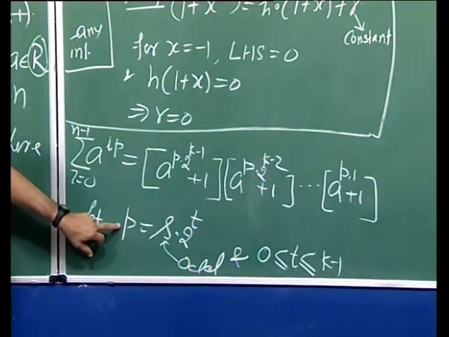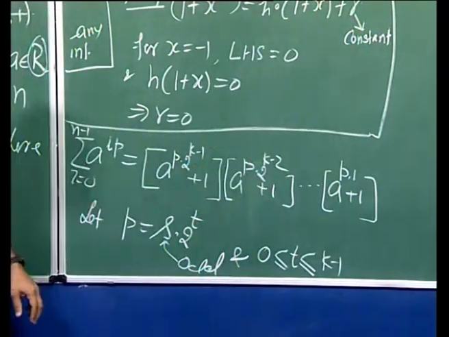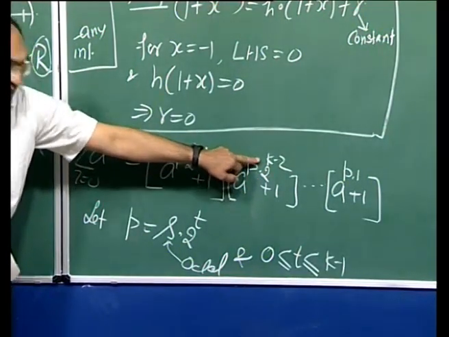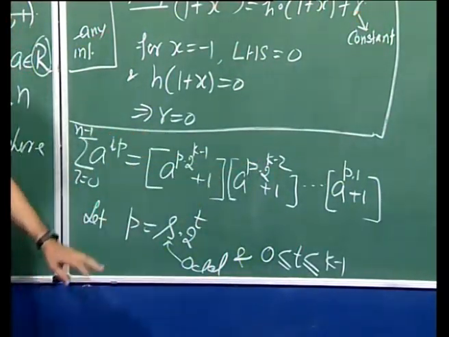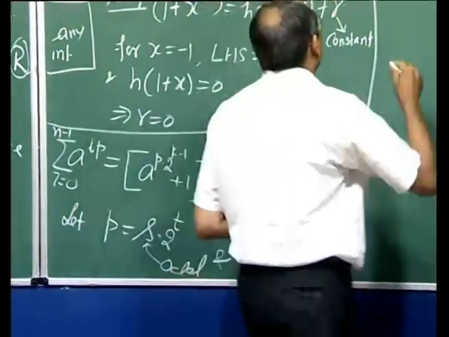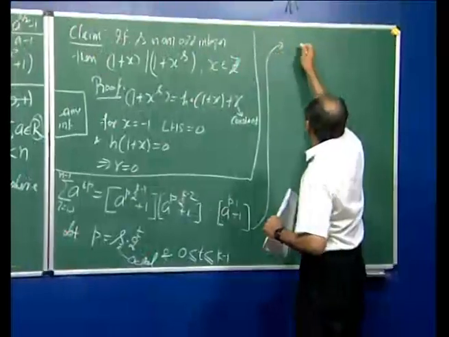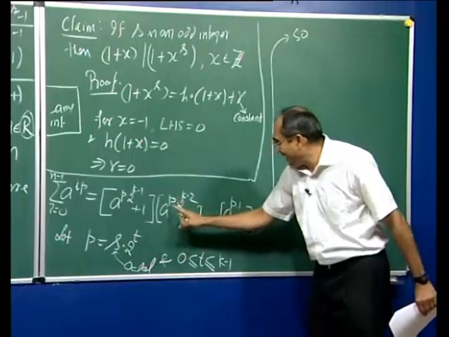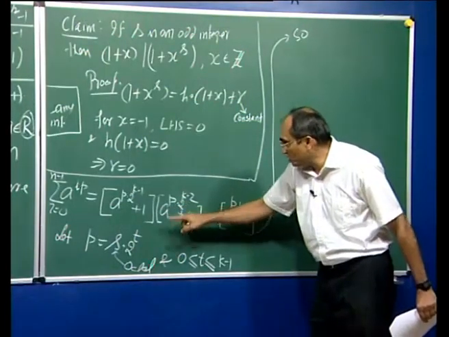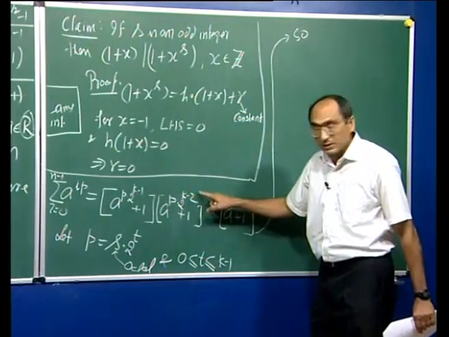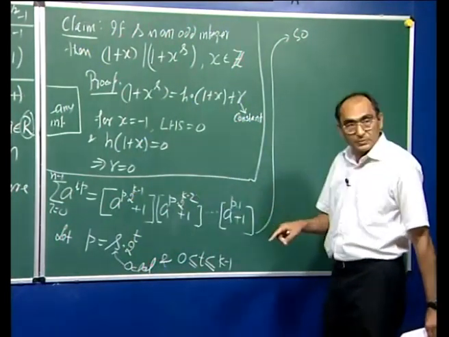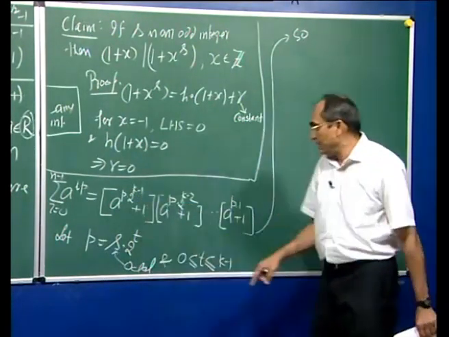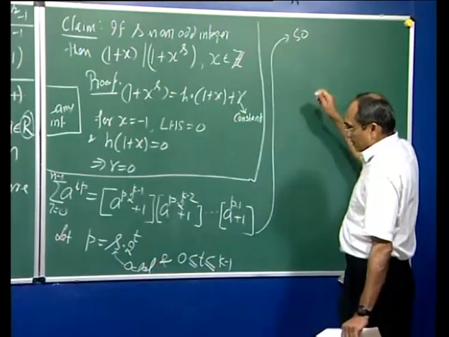Now, let us try and plug this p into these terms. So, in the term with 2 to the power k minus 1 minus t, we are going to find a^(s·2^t·2^(k-1-t)), because the largest value of t is k minus 1.